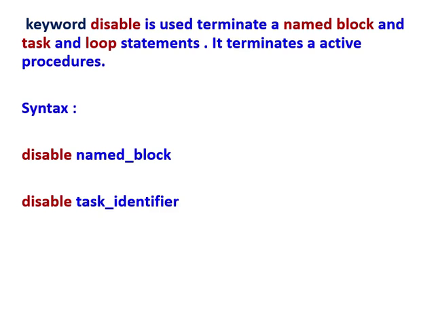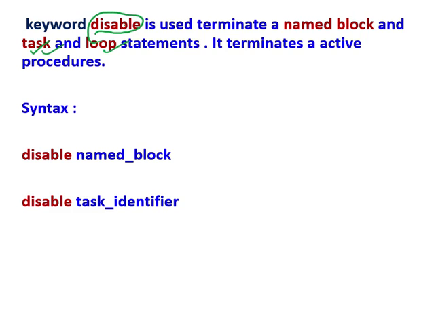Then the keyword disable. Keyword disable is used to terminate a named block and task and loop statements. So this disable is used inside begin end, inside a fork join, or inside a task, or inside a loop.